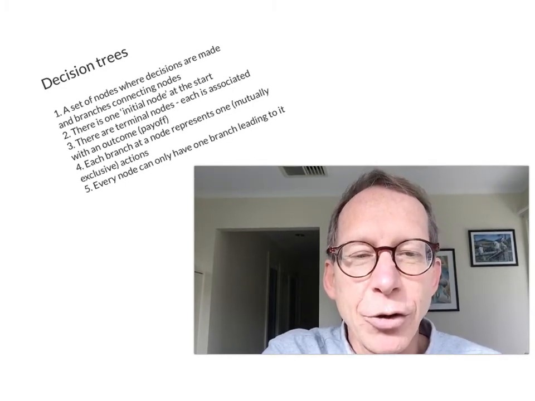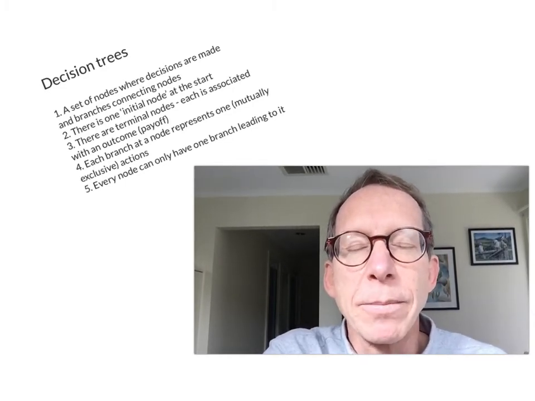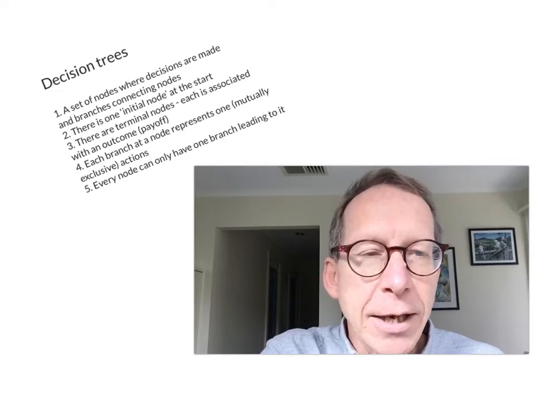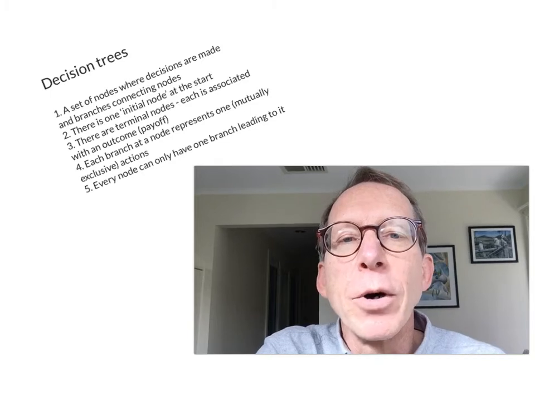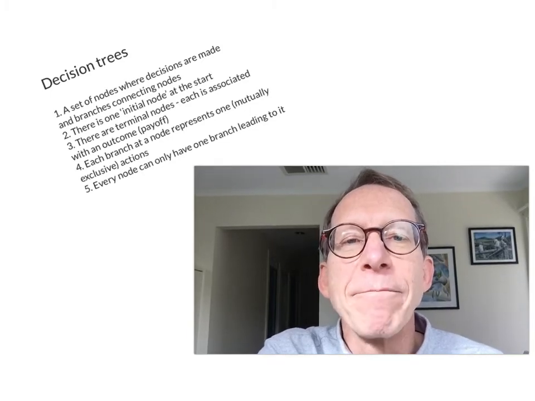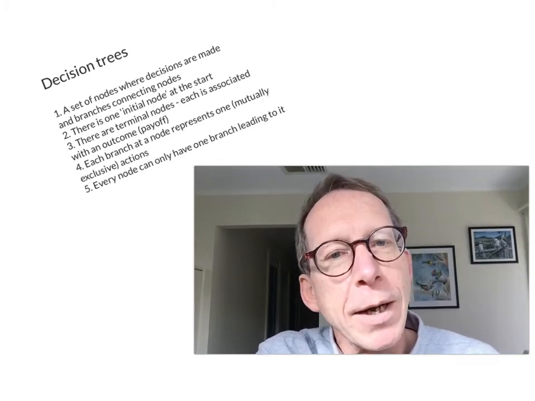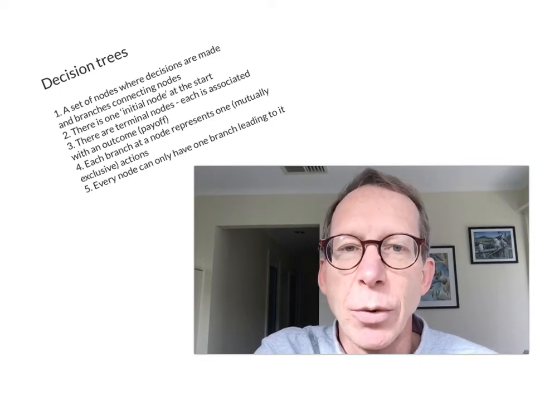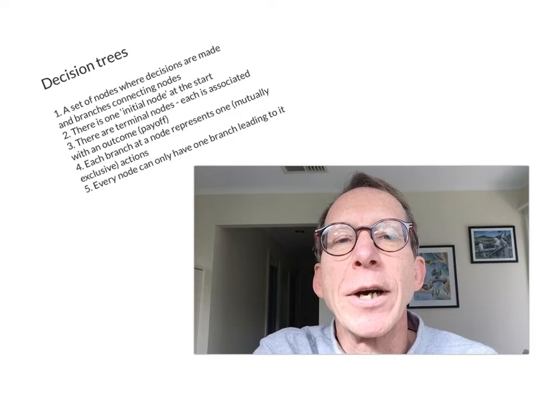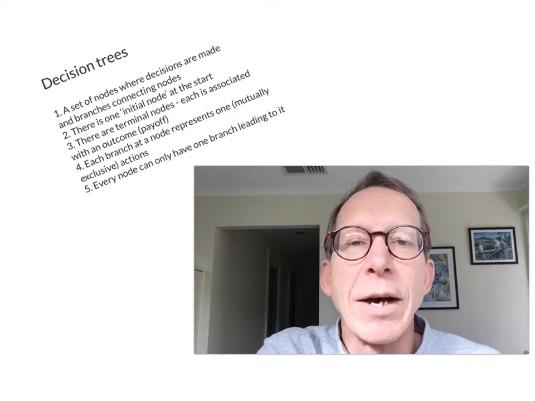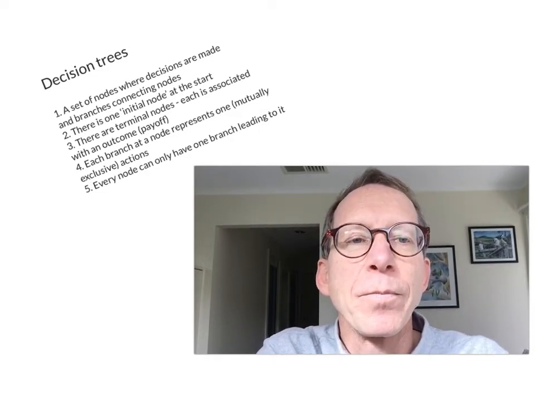In other words, you actually don't know where you are in a decision tree at a point of time. That can be represented, although we're not going to do that in today's video. The final point is that decision trees can have multiple players. When they have multiple players, we're in a strategic situation, so we're actually in what's called a dynamic game. So in that situation, it's called a game tree rather than a decision tree.